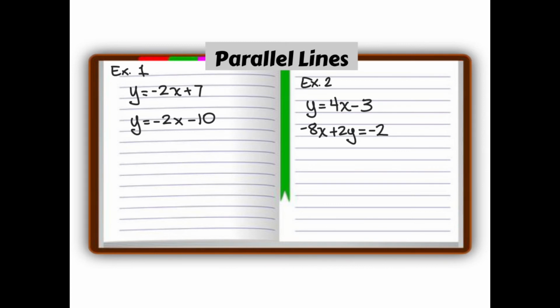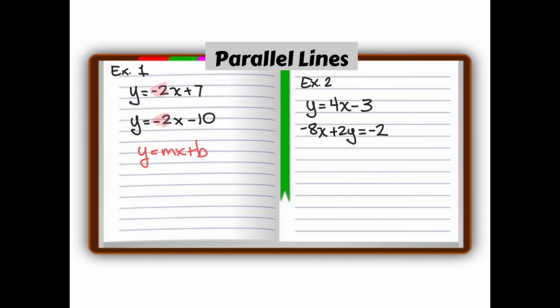So now in this example, what we have is two equations. Both of them are in the form y equals mx plus b. So the only thing we have to do is check the slope. In this case, the slope here is -2 and here is -2.